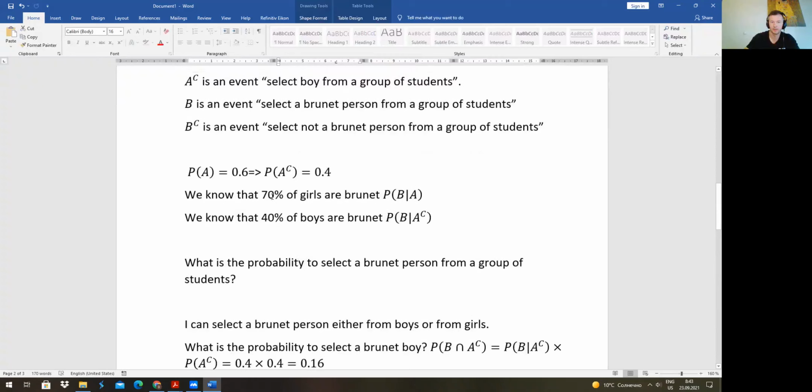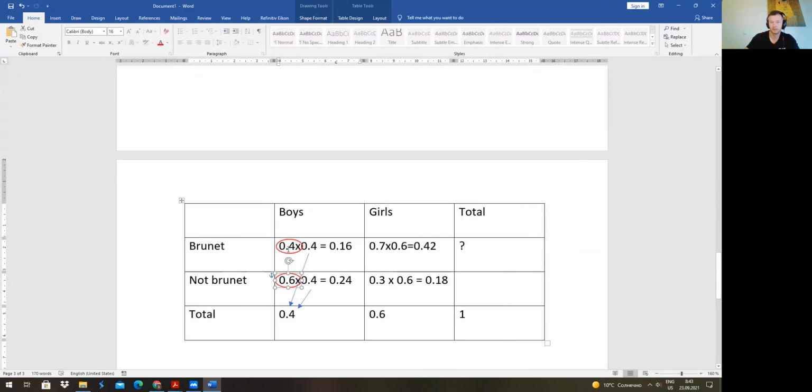So I know that 40% of boys are brunette, so therefore 60% are not brunette, and this as well. So the 70% here and 30% here is given to me from some research, from some observations. So they are given from the side.